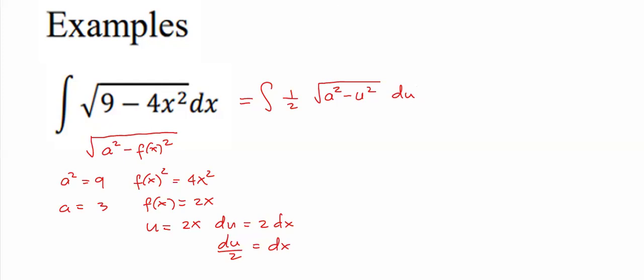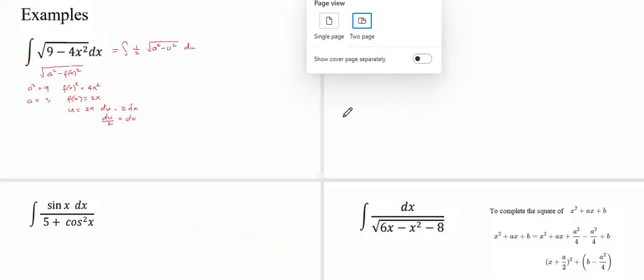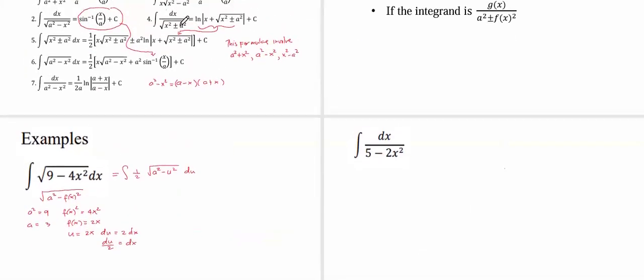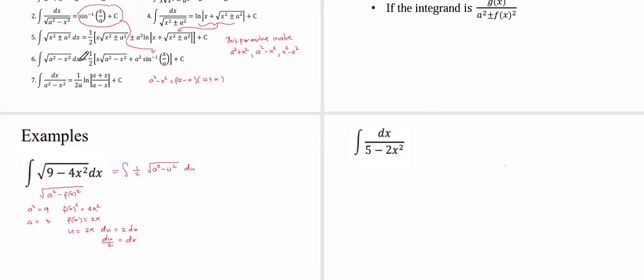Ano yung secondary formulas natin na yun? This one. Ito yung mahaba: 1/2 square root of a squared minus u squared.